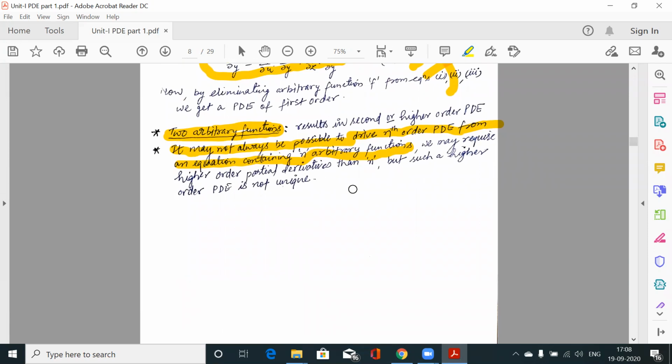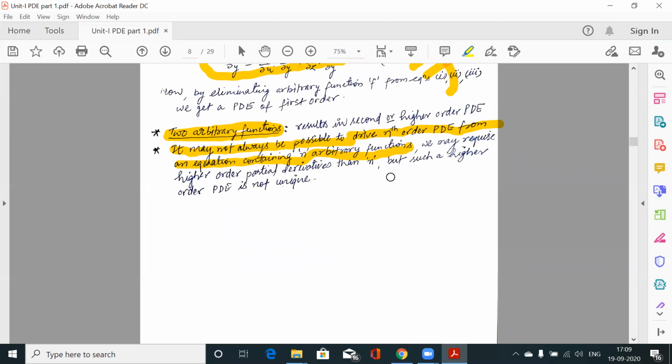This remark says that by eliminating n arbitrary functions, we may get a PDE of any order. It is not always that n arbitrary functions means an nth order PDE. We may get a PDE of any order. But the concept is that we simply assume that if we are given n arbitrary constants, we will get an nth order PDE.